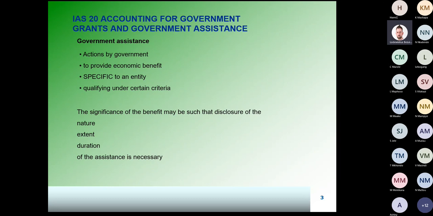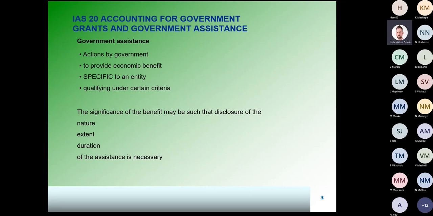So all we have to do is disclose in the financial statements that we have received some benefit of government assistance, explaining the nature, the extent, the duration of the assistance that we have received. So the nature is we received a building that we can use for training. The extent is that we use it for training or whatever the information is that is given.